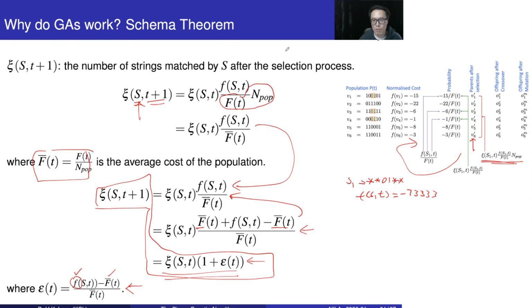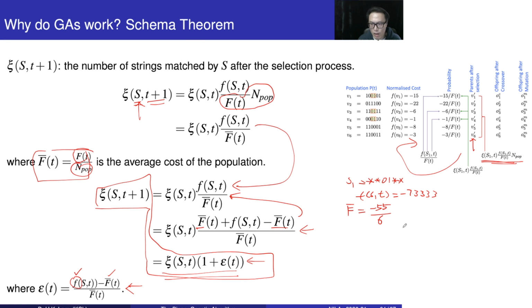Now f bar would be the sum of this one, that is f, minus 55 divided by 6, that is this n pop. So both of them are negative. Remember that we are doing minimization.